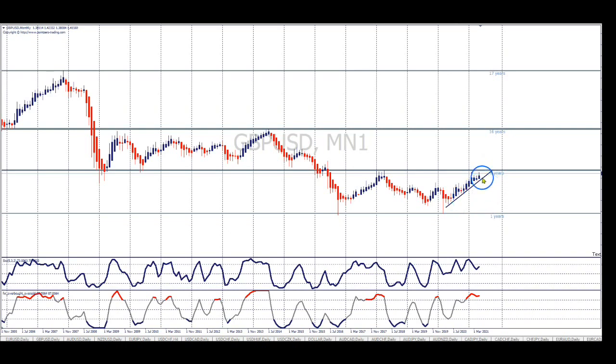But what we know is right now the market is going up based on what's taking place this month. This is last month and this is this month. So for now, the market is going up, is in an uptrend. So based on the monthly time frame, the market is in an uptrend.